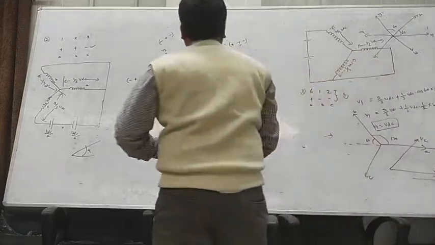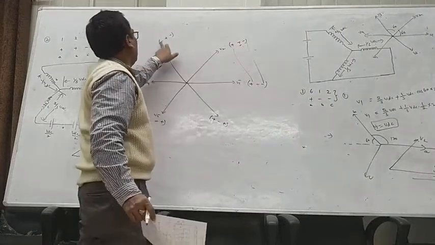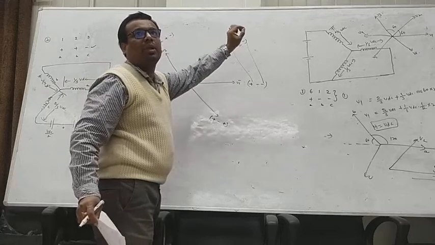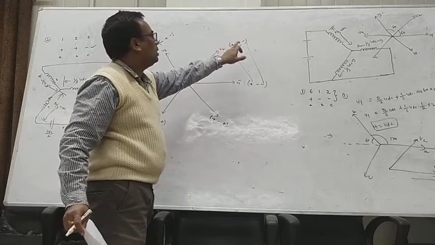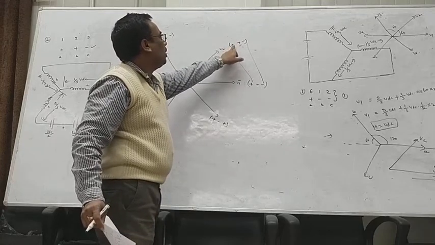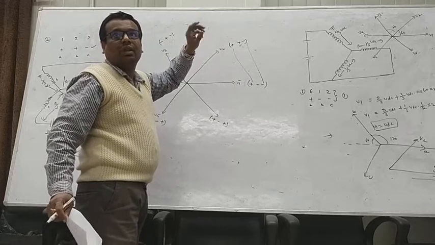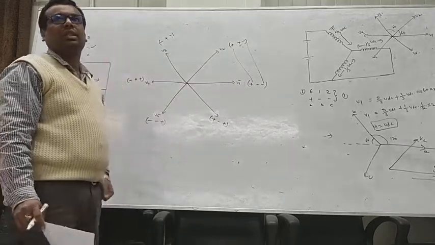And you observe from V2 to V3, again plus plus minus to minus plus minus. So this plus is the same, and the minimum number of devices is changing: this plus is now converted to minus. Only one switching, one device is changing.